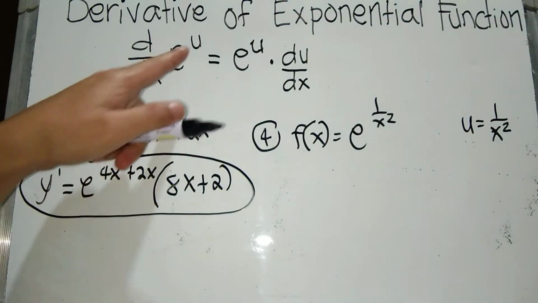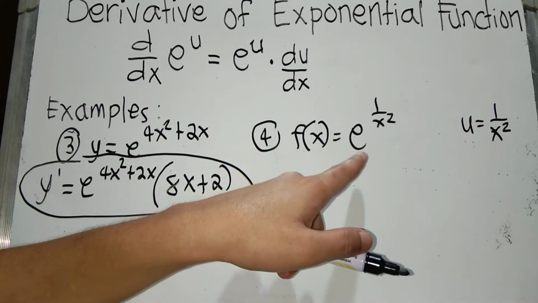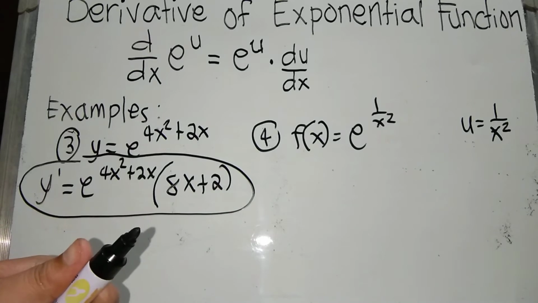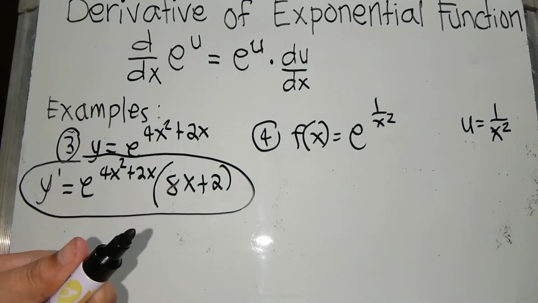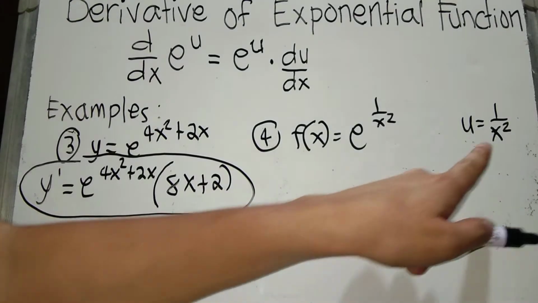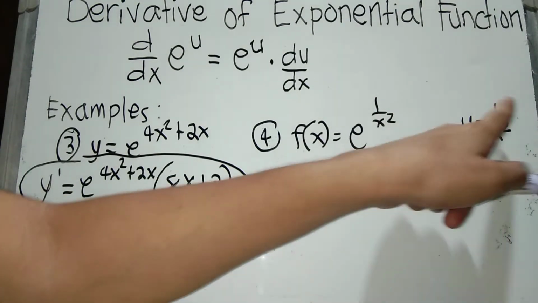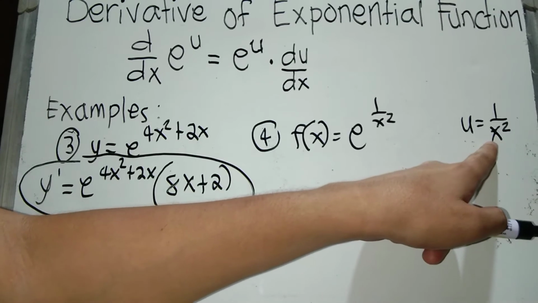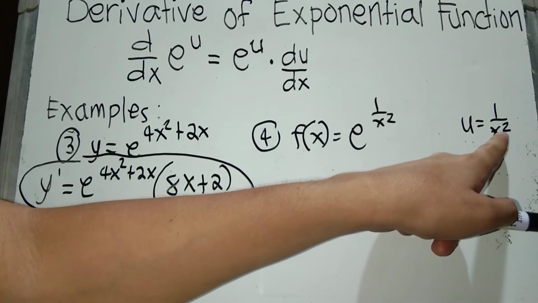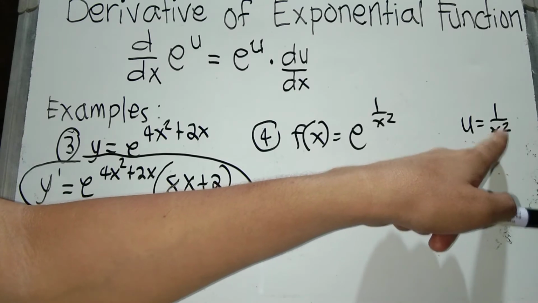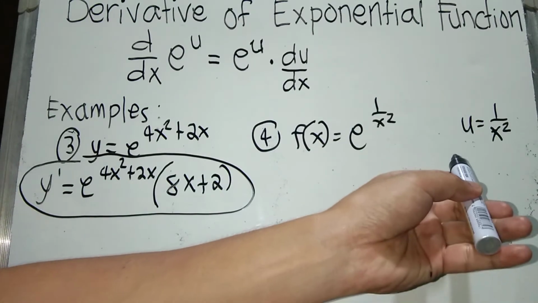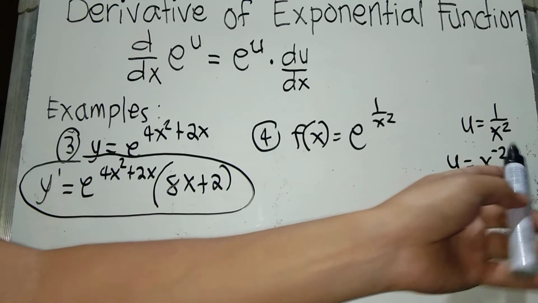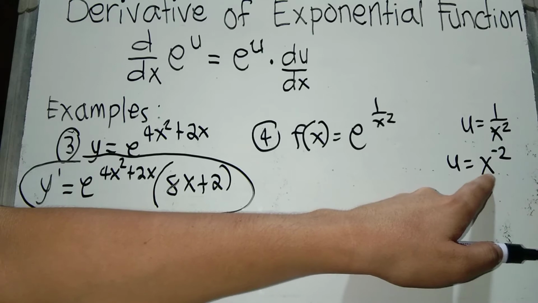Remember that our u is our exponent coming from the e function or exponential function. Now, you can use quotient rule in finding your derivative when it comes to the u. But in this case, you can let x squared be brought to the numerator part. So this is now u is equal to x raised to the power of negative 2. In this case, you will be using power rule.